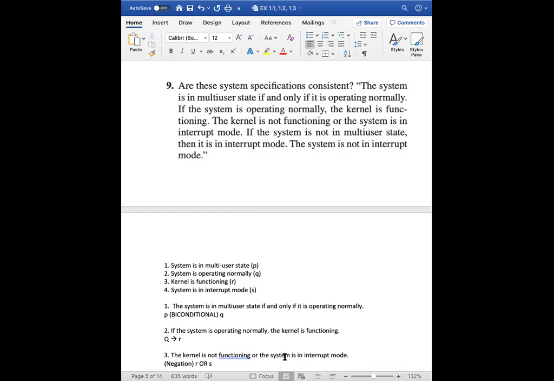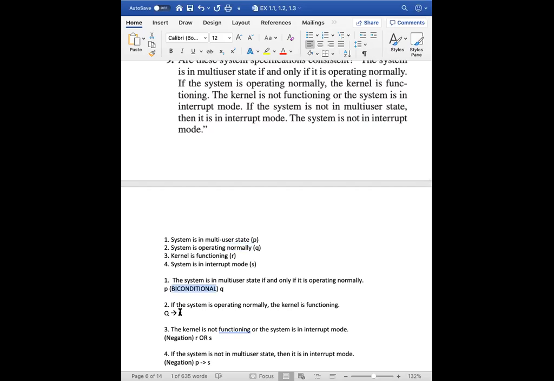Isn't the question like, are these system specifications consistent? Yeah, so here the question starts from within the quotation marks. What we basically did is we took the text from here and divided it up into different sentences, which we need to form these conditional statements.